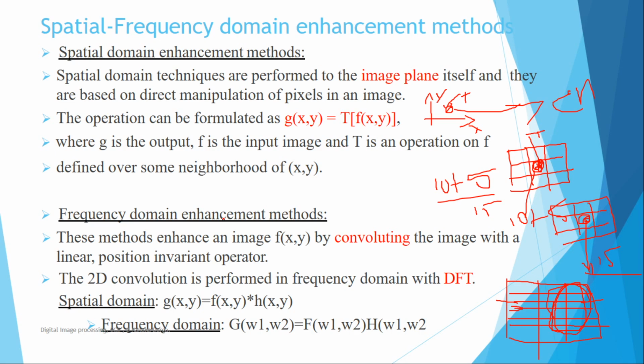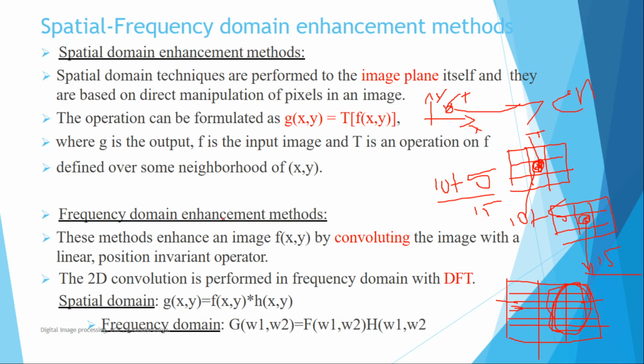In the spatial domain, the enhanced image g of x comma y is equal to f of x comma y convolved with h of x comma y. But when we see it in the frequency domain, the convolution becomes multiplication. So the manipulation is very easy in frequency domain analysis.